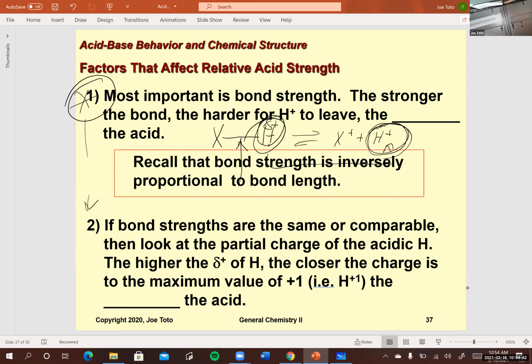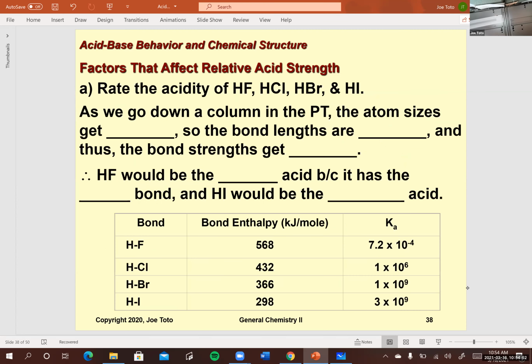If you get to organic, they might have other methods that you'll learn specifically geared towards organic molecules. Okay, so let's take a look at what we were talking about in those rankings 1 and 2. Now, here we have the question: rank the relative acidity of this series of acids by just looking at them.